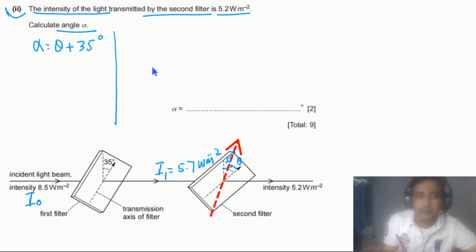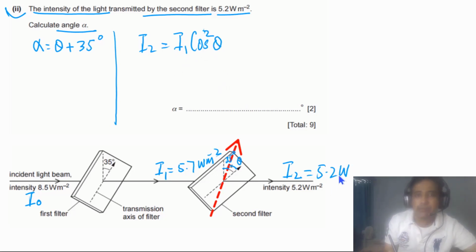In order to find the value of theta, we can write down I2, the transmitted intensity. This has to be equal to I1 times cosine square theta, and I2 is equal to 5.2 watts per square meter. Now simply we need to plug in values. I2 is 5.2, I1 is 5.7, and here we have cosine square theta.